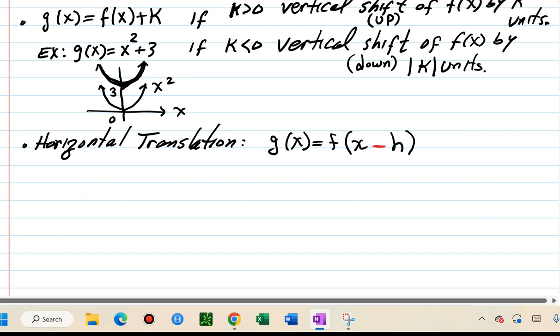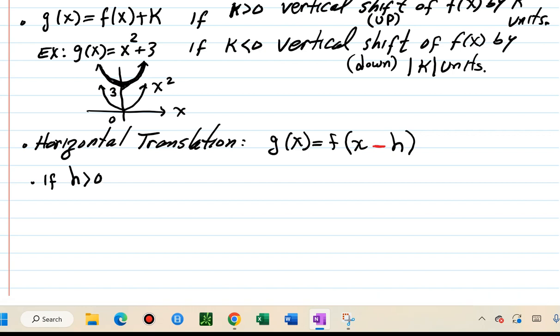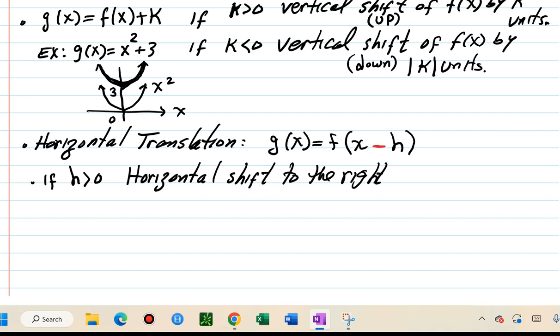Okay. Now in this case, if h is positive, then the effect is a horizontal shift. This time the horizontal shift is to the right, h units of the original function f of x.